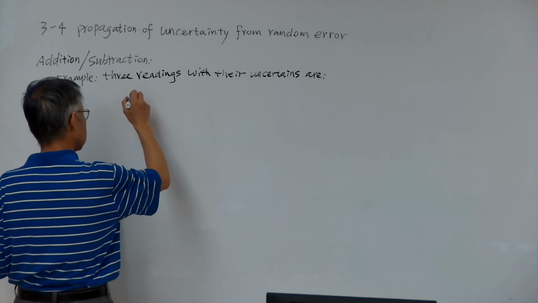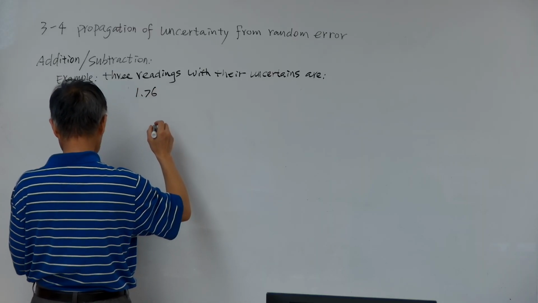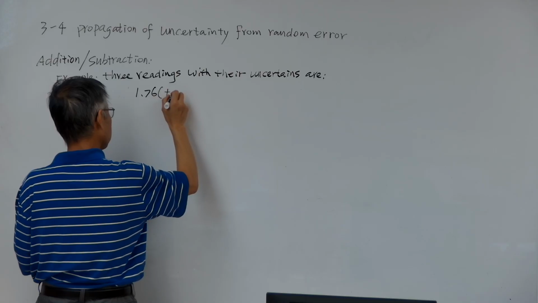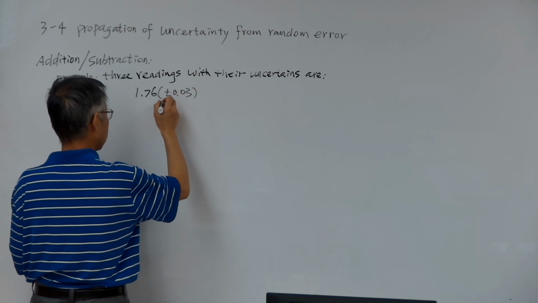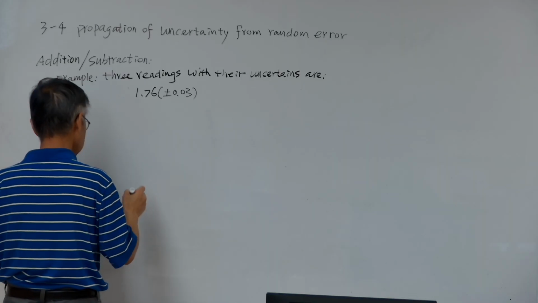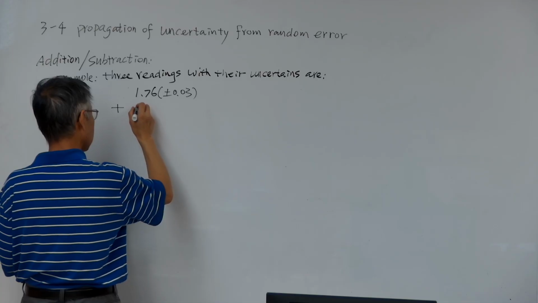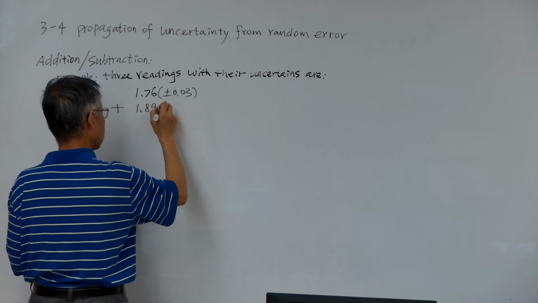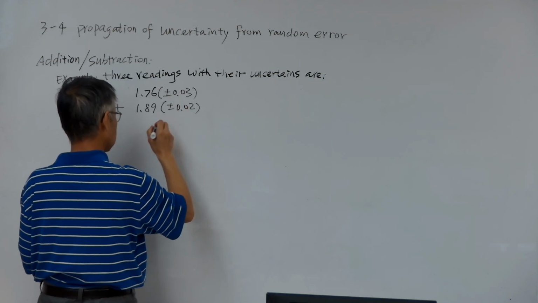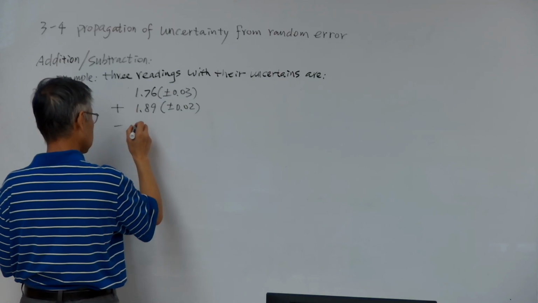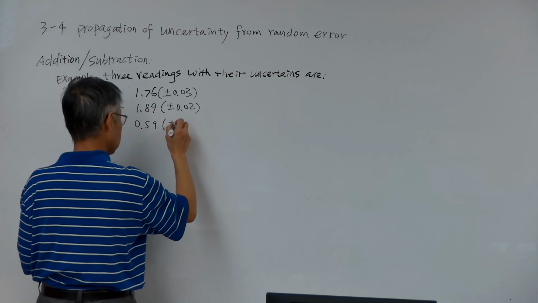The three readings with uncertainty are like this: 1.76 plus minus 0.03 random error. The result is the first number plus the second number, 1.89, random error 0.02, minus the third number, 0.59, random error 0.02.